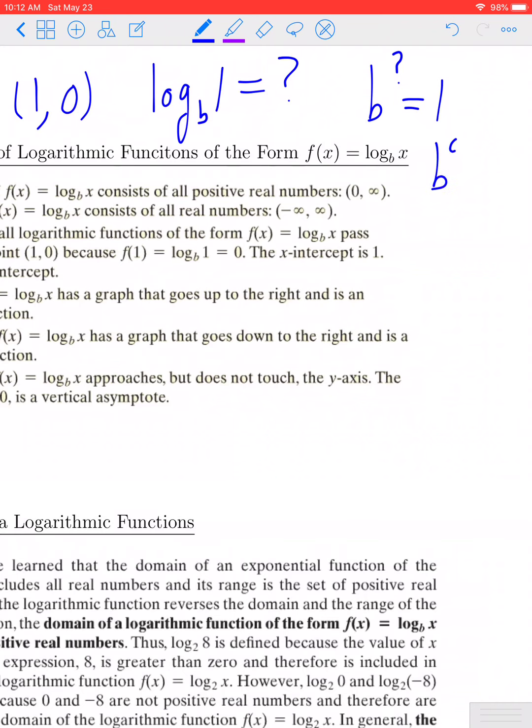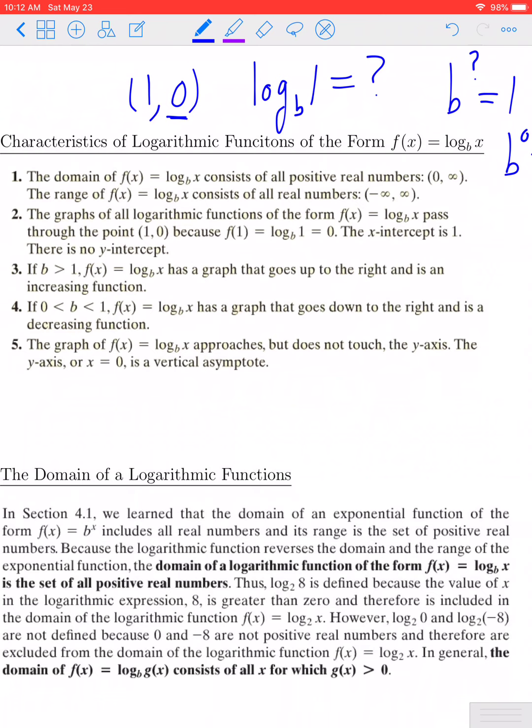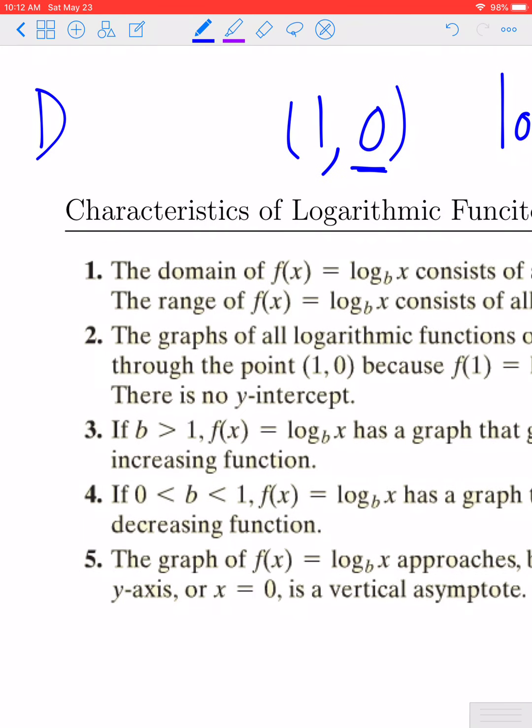Well, we know that anything to the 0 power is 1. So log base b of 1 is going to be equal to 0. So that produces the x-intercept (1, 0) on the graph. We would also want to notice that the domain is strictly from 0 to positive infinity.